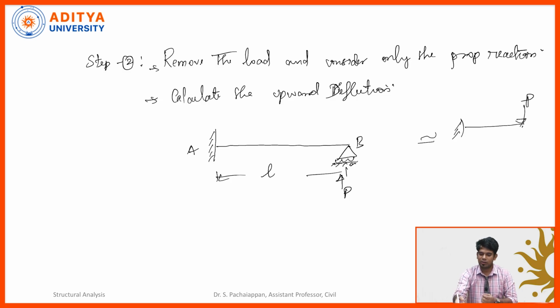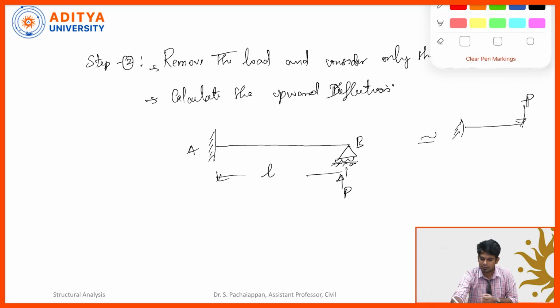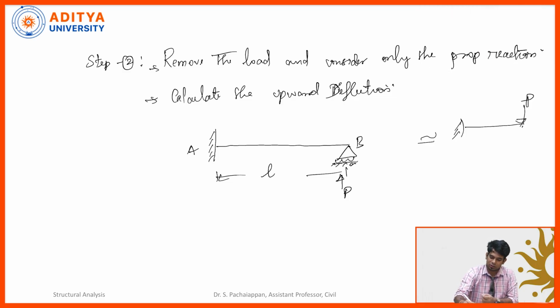Instead of the point load, we are having the support here. That support is going to transfer the reaction force P. Let's mark the upward deflection. It is going to deflect in an upward direction like this, and this is called del upward. So del upward is nothing but PL cube divided by 3EI.